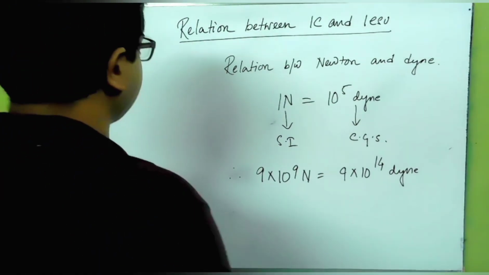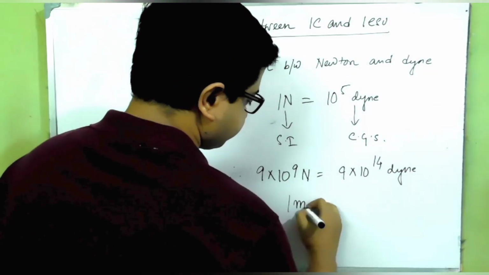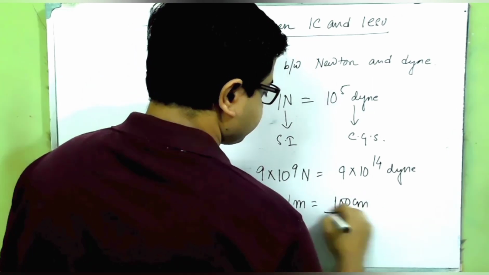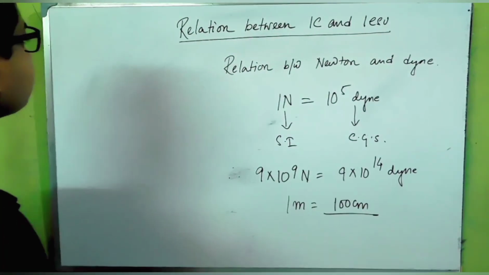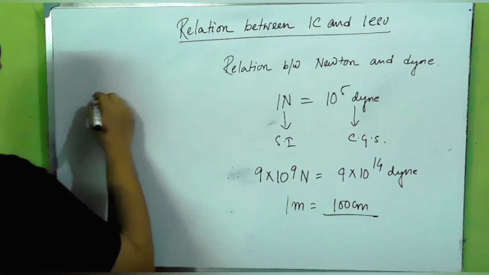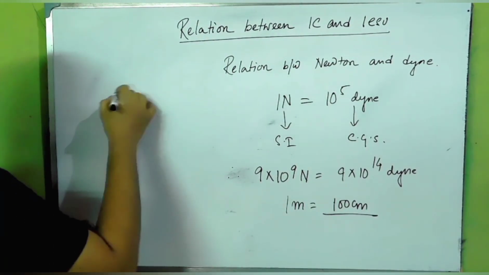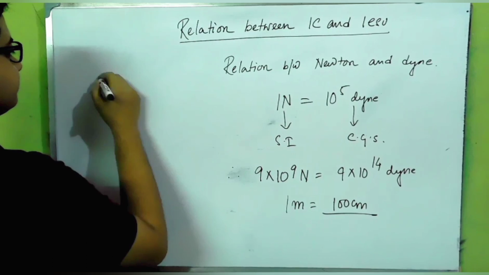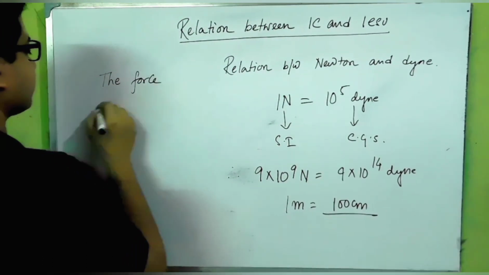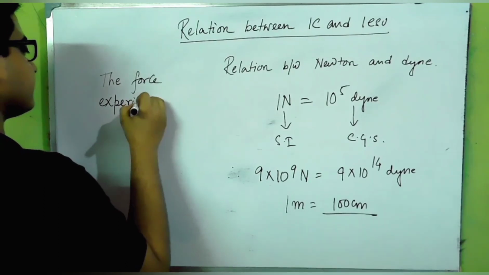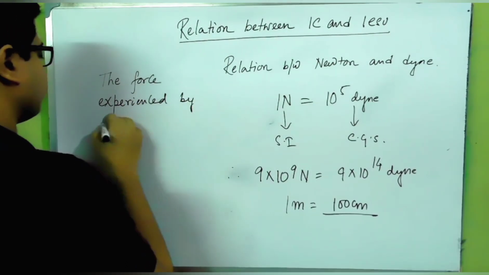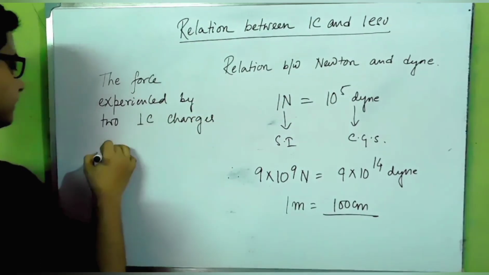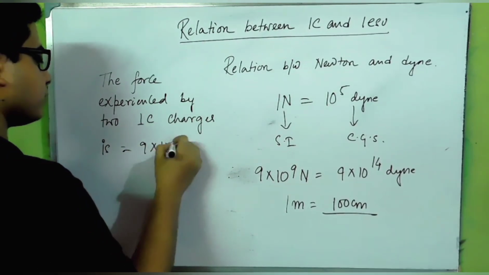Okay. Now, we also know that 1 meter is equal to 100 centimeter. As we know, the force experienced by two point charges of 1 Coulomb each is 9 times 10 to the power 9 Newton.